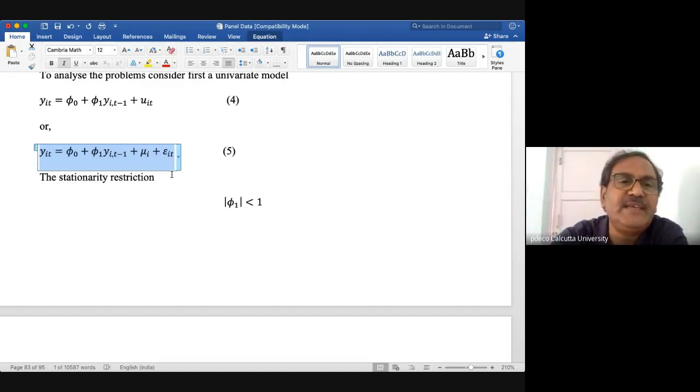If you put t equal to 1, what would be the result? yi1 is equal to phi naught plus phi 1 into yi naught, because you have put t equal to 1, plus mu I plus epsilon I1.